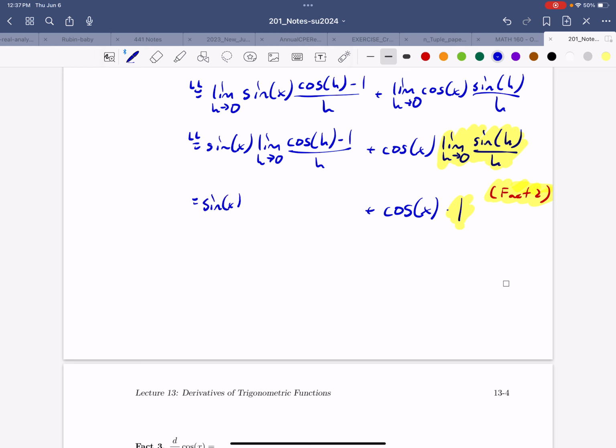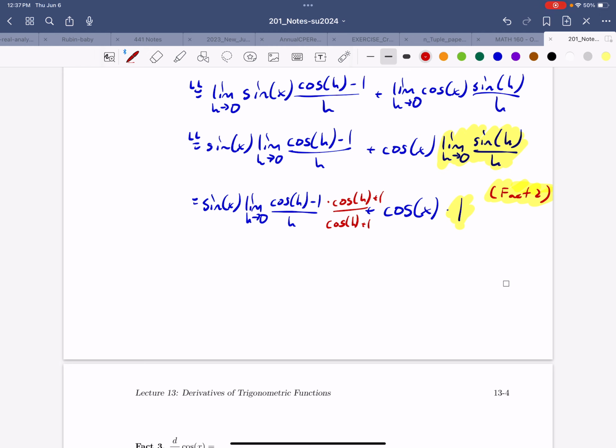We have sine of x times the limit as h approaches 0 of... well, no real way to simplify that, at least looking at it. But we can use that little trickery where we multiply by the conjugate. I know we've never thought of the conjugate of a trig function before. You can do it.